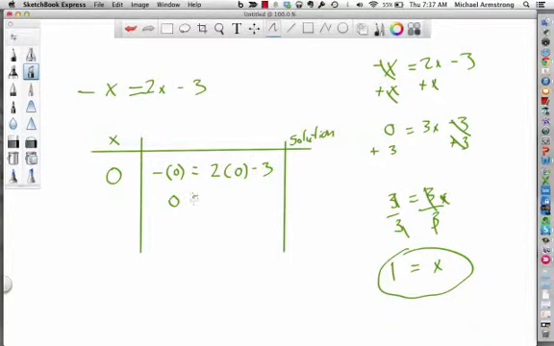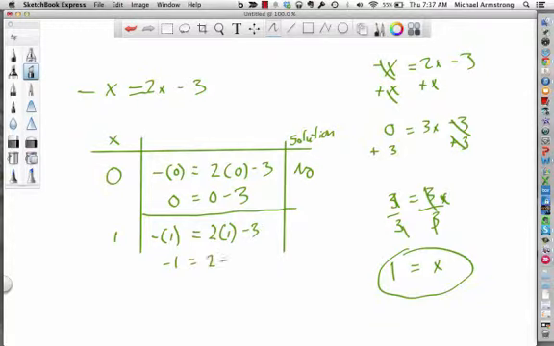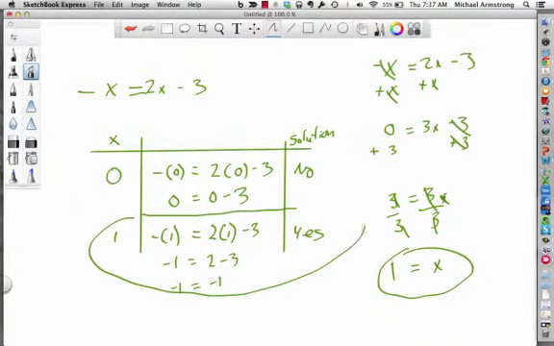Negative 0 is the same as 0, is not equal to 0 minus 3, so no. Okay, if we try the next one, which would be 1, negative 1, because x is 1, is equal to 2 times 1 minus 3. And we can see that negative 1 is equal to 2 minus 3, because 2 minus 3 is negative 1. So yes, that's our solution right there.